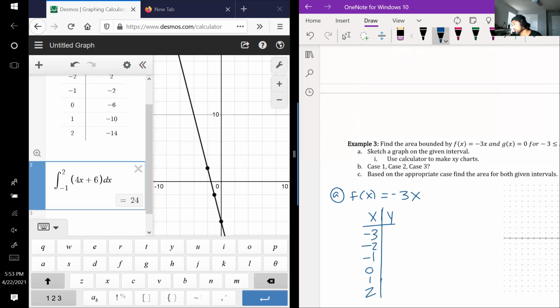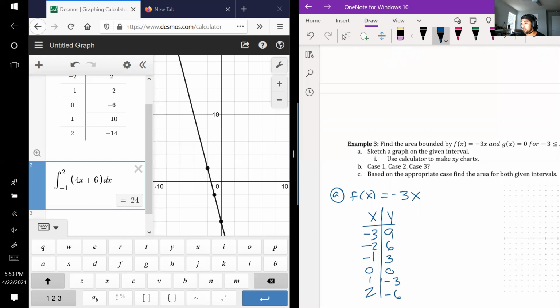And we don't even need Desmos for this one because you just plug all these numbers in for x and multiply them by -3. And you get 0, -3, -6.